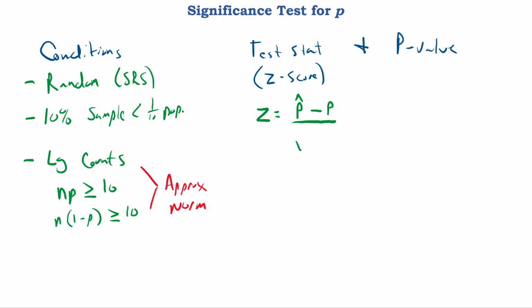The standard deviation is calculated by the square root of p times 1 minus p, all over the sample size. This whole calculation, p hat minus p divided by the standard deviation, gives you your test statistic, or z-score.